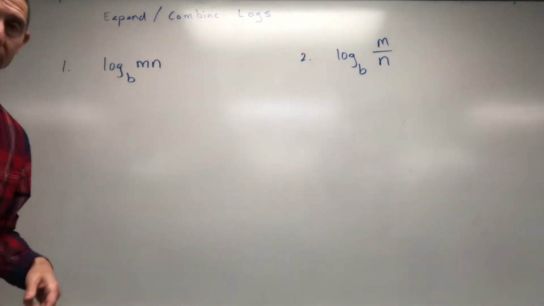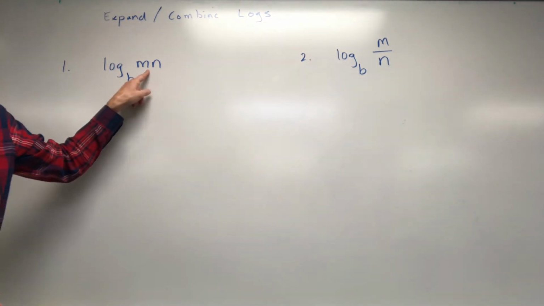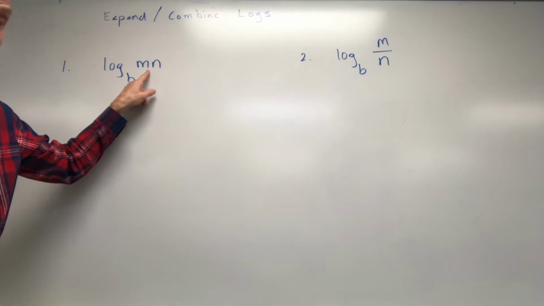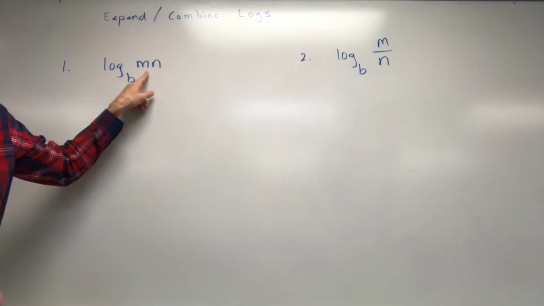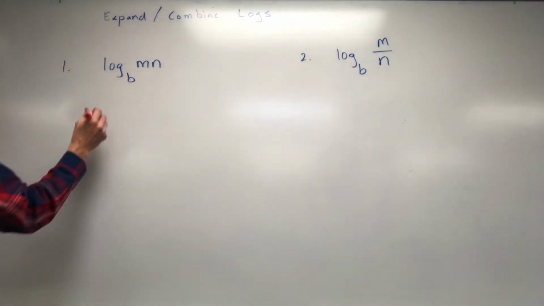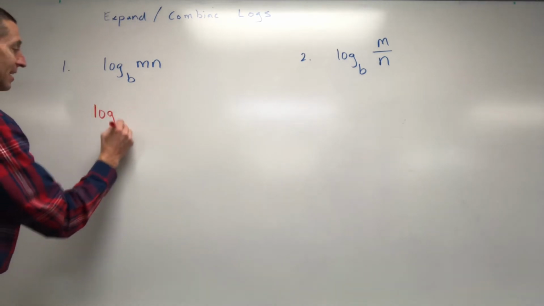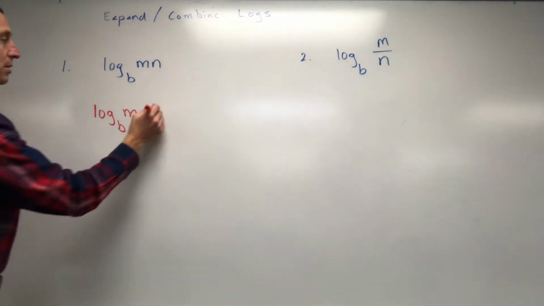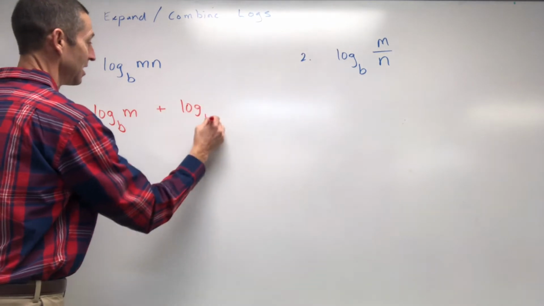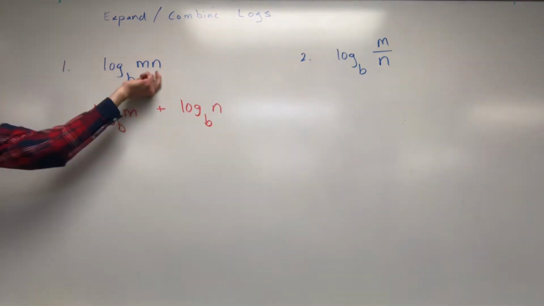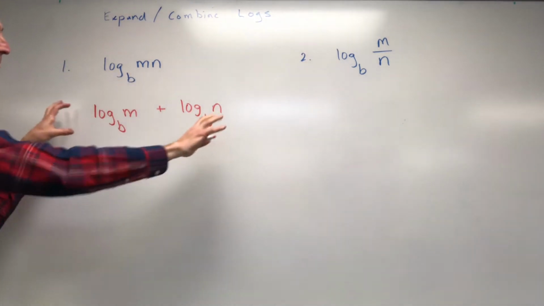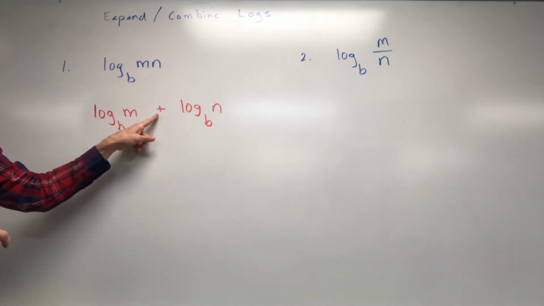So here's your rules. First rule, when you have a logarithm where m and n are multiplied, you can expand these by addition. One logarithm plus the other logarithm. So when it's multiplied, you expand them by addition.